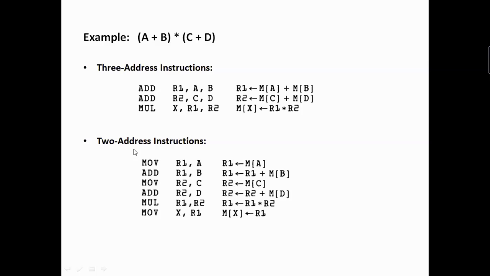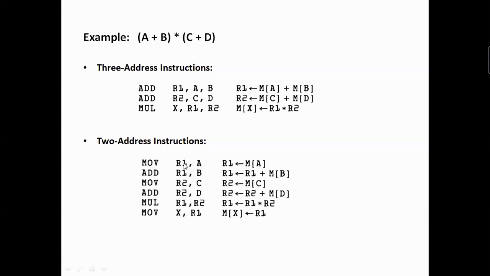Then there is another, that is two address instruction. If a computer uses this, the same operation can be performed like this. The first operand A will be moved to one register.